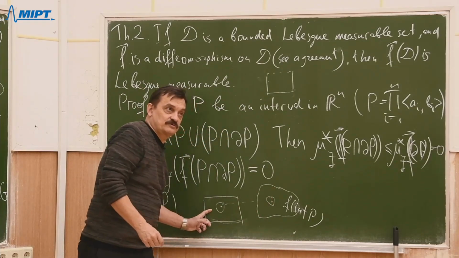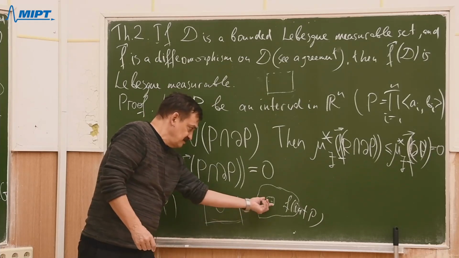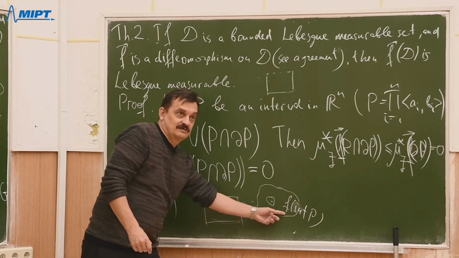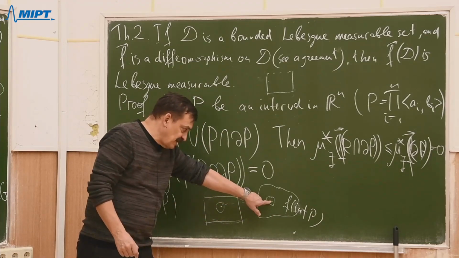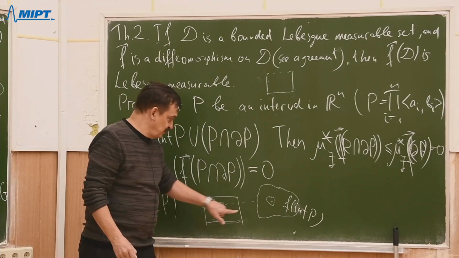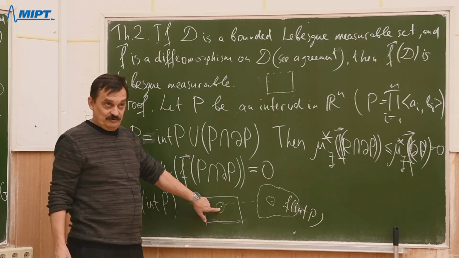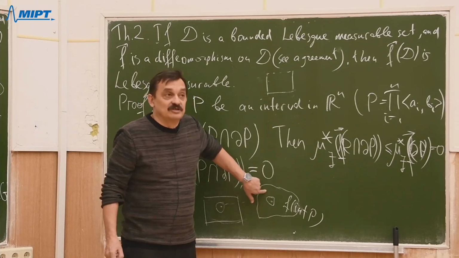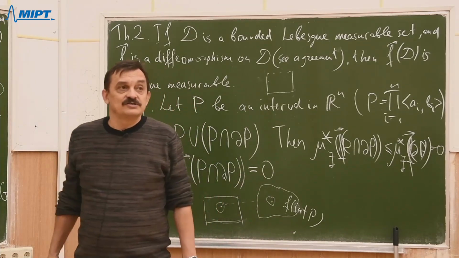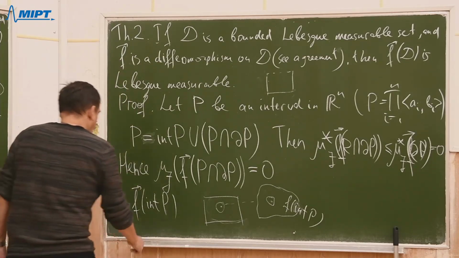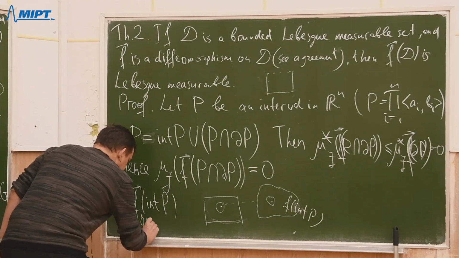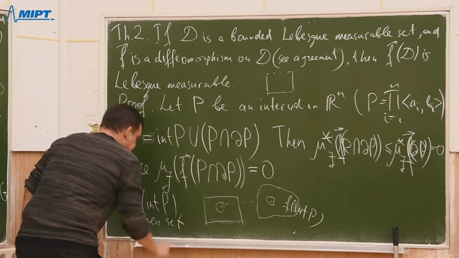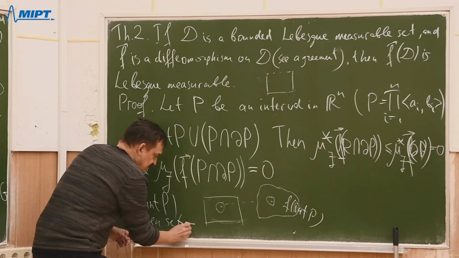So this neighborhood should be in this image, right? And since an arbitrary point here is obtained as an image of a point from this interior, we obtain that an arbitrary point here is an inner point. So that is an open set. And hence it is Lebesgue measurable.